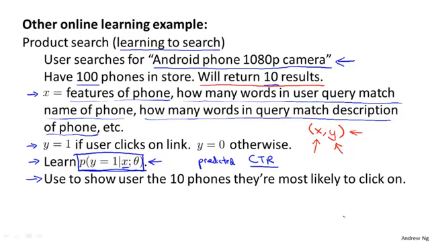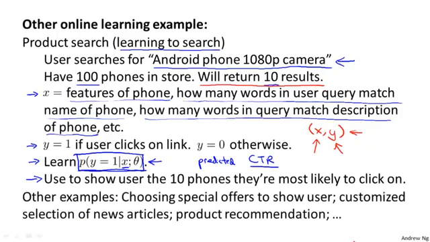So this is a product search problem, or learning to rank phones, or learning to search for phones example. So I'll quickly mention a few others. One is if you have a website, you're trying to decide what special offers to show the user. This is very similar to phones. Or if you have a website and you show different users different news articles. So if you're a news aggregator website, then you can again use a similar system to show to the user what are the news articles that they are most likely to be interested in, and what are the news articles that they're most likely to click on.